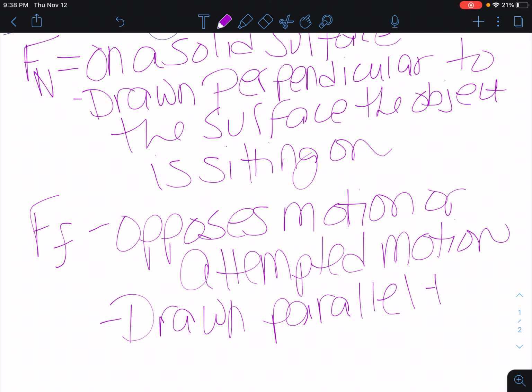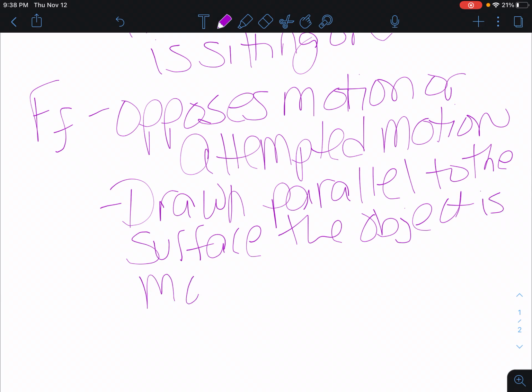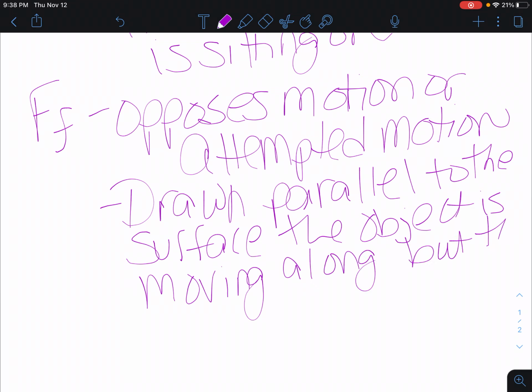So parallel to the surface the object is moving along, but the opposite direction of motion.